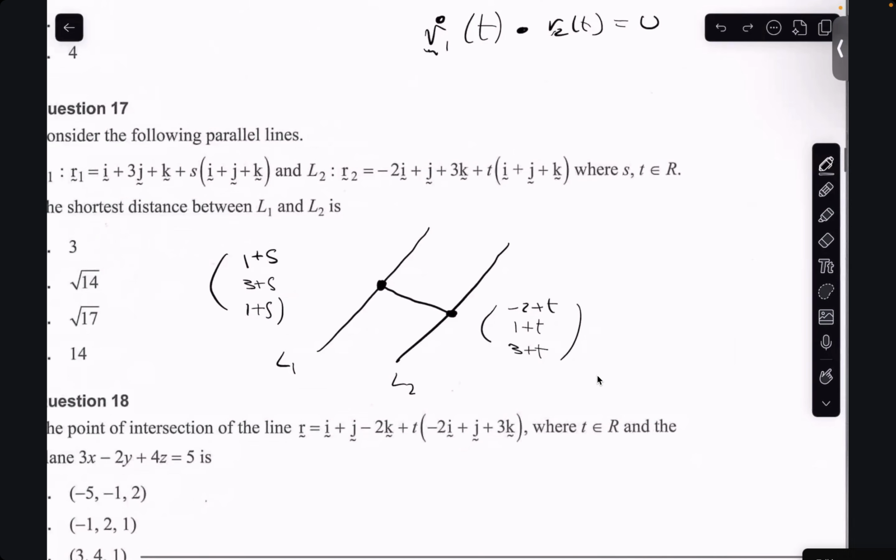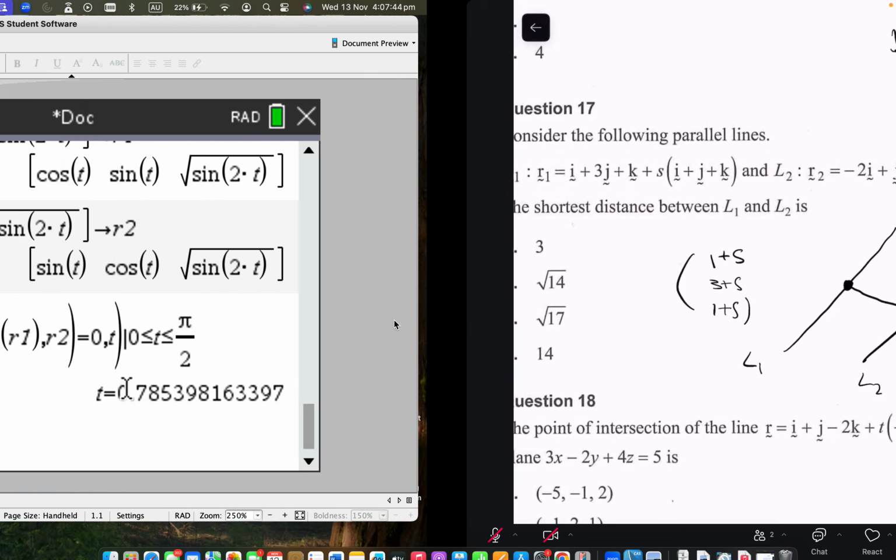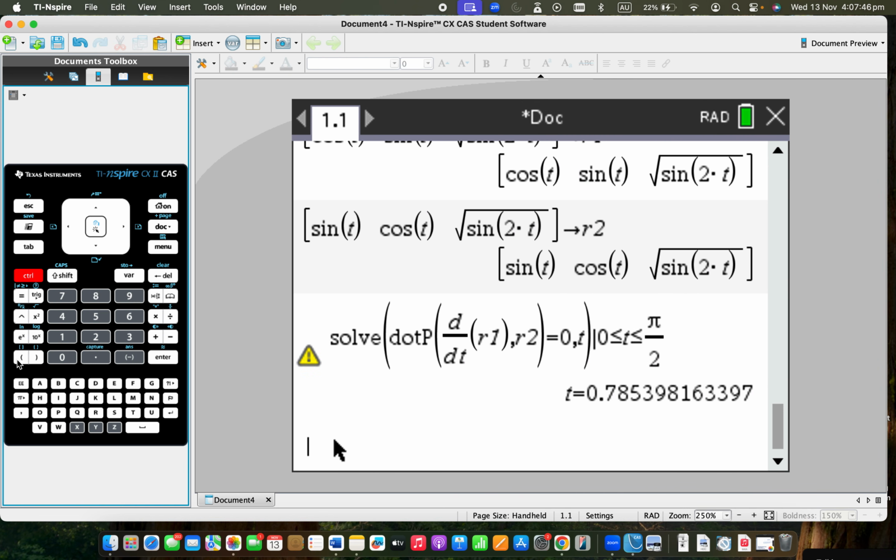So what is it if we subtract these two: 1 plus s, 3 plus s, 1 plus s, minus negative 2 plus t, 1 plus t, 3 plus t.